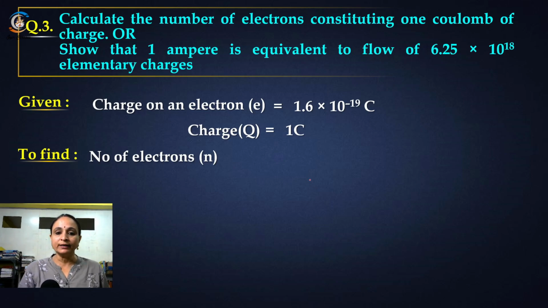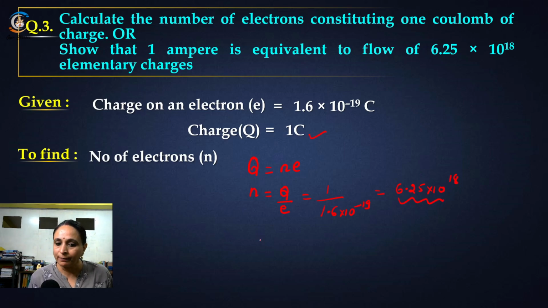We know by the quantization principle that Q is equal to Ne, or N is equal to Q divided by e, and I know this Q is equal to 1 and the charge on the electron is 1.6 into 10 to the power of minus 19. Calculate this. This becomes 6.25 into 10 to the power of 18.